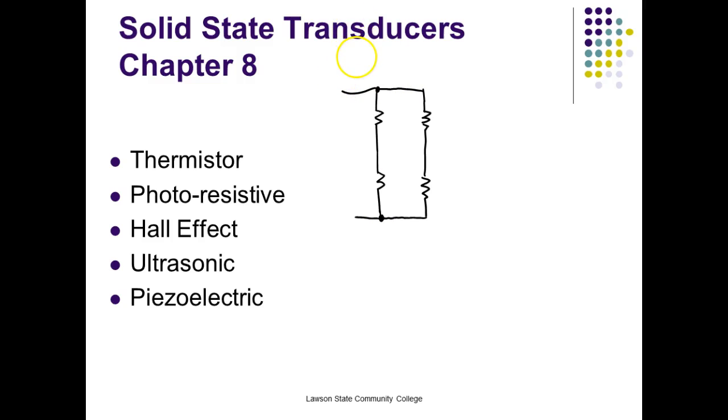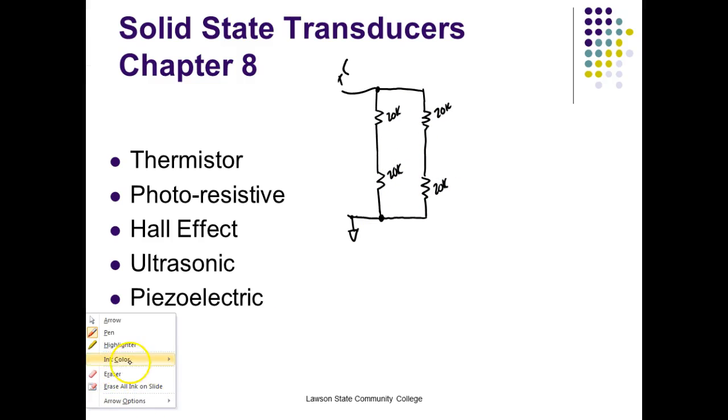And what we do, we'll put a voltage across this thing. Now, if all these resistors are the same size, it doesn't make any difference what they are. Now, these are all 20K ohms. I'm going to put a voltmeter right here.